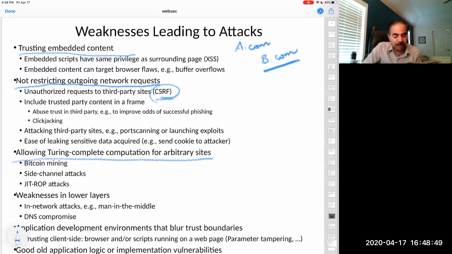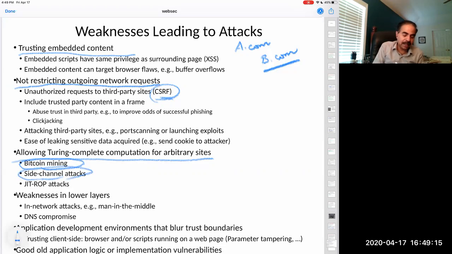A third class of problems is that by visiting a site, you allow arbitrary computation to be performed by that site by sending a script that performs whatever the attacker wants. So, for instance, they can do Bitcoin mining, or they can do side channel attacks.